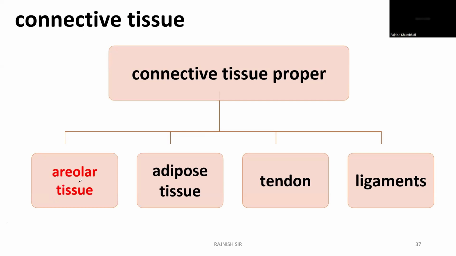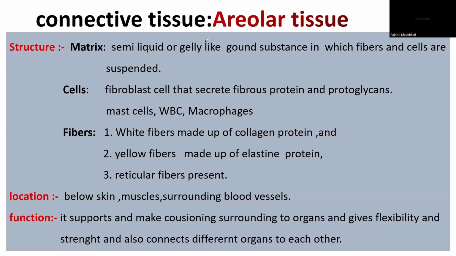Connective tissue. In that, we'll right now be learning connective tissue proper, in that the areolar tissue. So this is areolar tissue. Now you can see the structure. Structure is divided into matrix, means what type of matrix they have, what type of cells they have, and what type of fibers they have. So matrix is a semi-liquid jelly-like matrix.